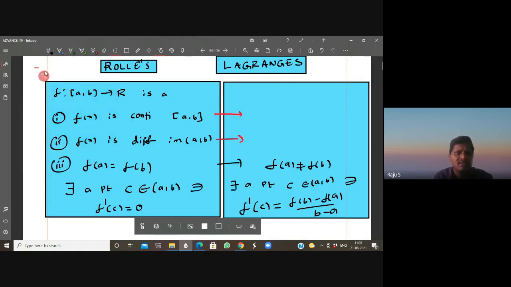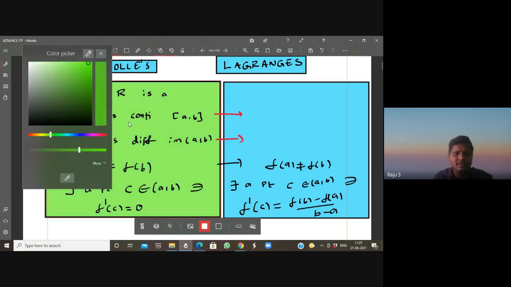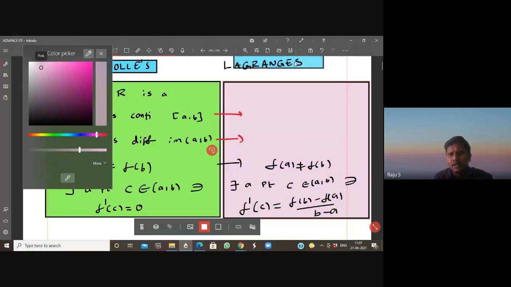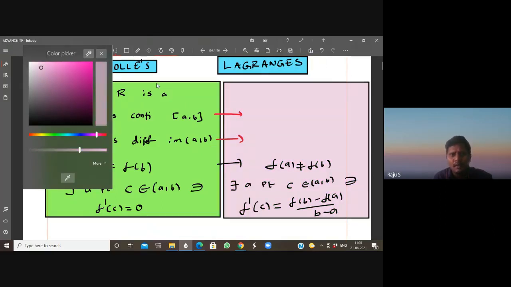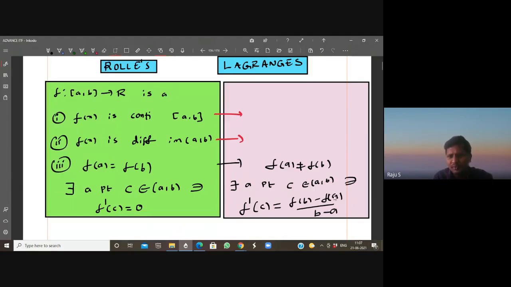But what is the difference here? Look at this. In Rolle's and Lagrange's, what do you observe? When I substitute f of a equal to f of b in Lagrange's, what does f dash of c become? Yes, Lagrange's becomes Rolle's. When f of a is not equal to f of b, f dash of c exists.